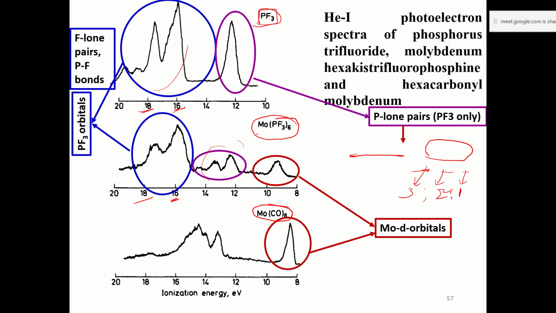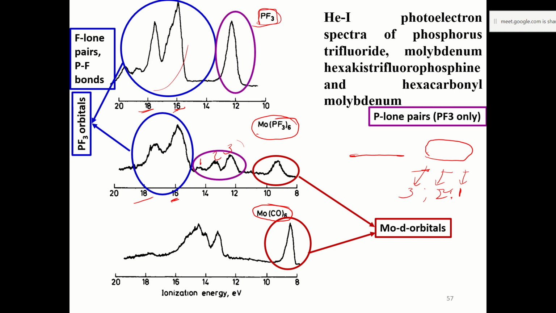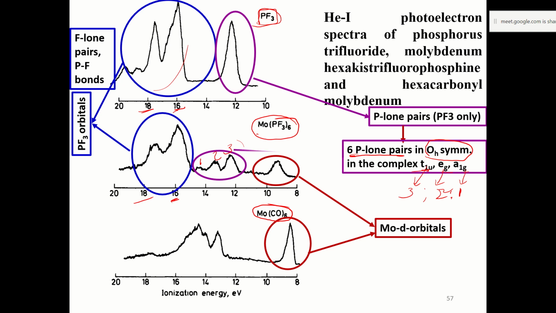You can clearly see that this particular feature is 3:2:1. So this one is definitely the phosphorus lone pair, which was between 12 and 14 earlier, and now it has split into 3, and the overall intensity is the same, and now the individual intensities are in the ratio 3:2:1: T1u, Eg doubly degenerate, A1g single.